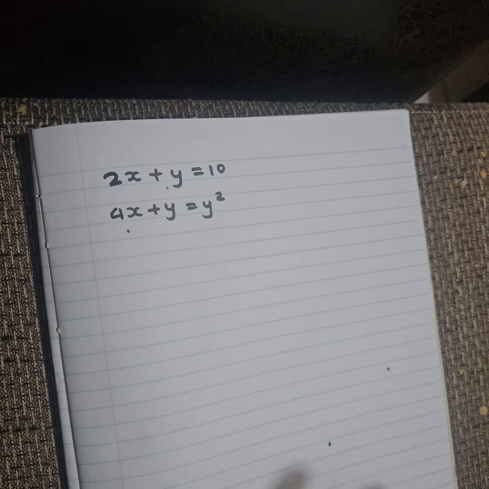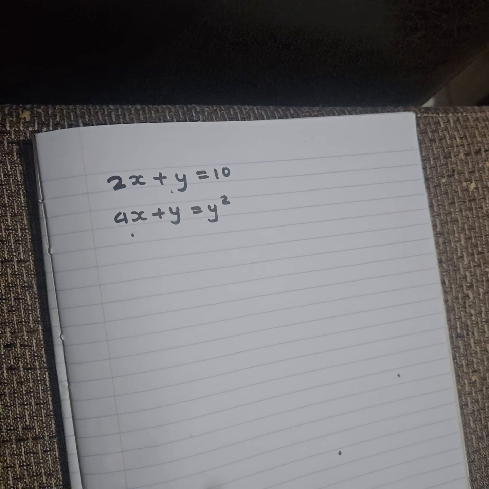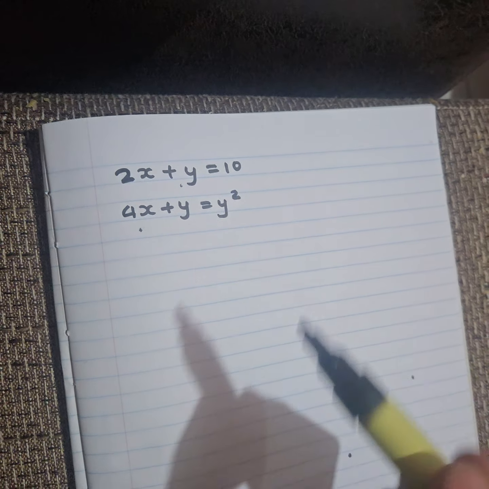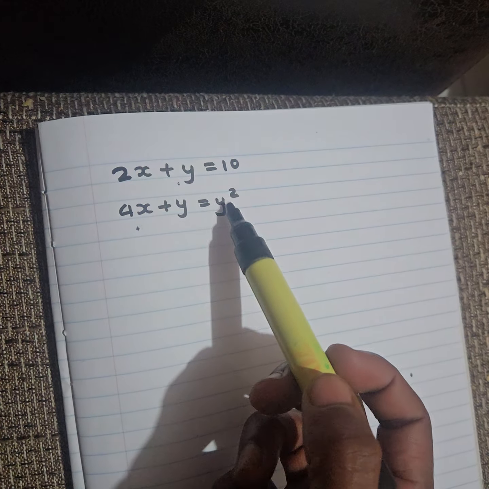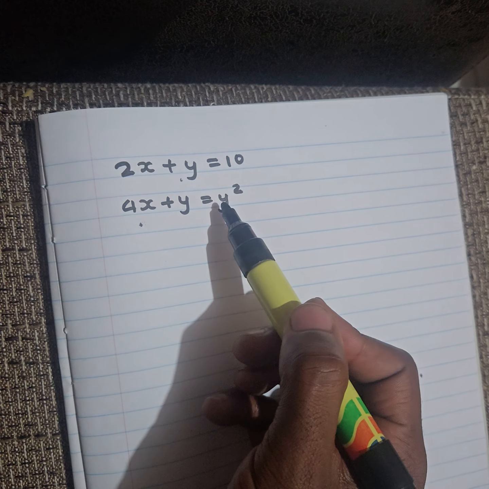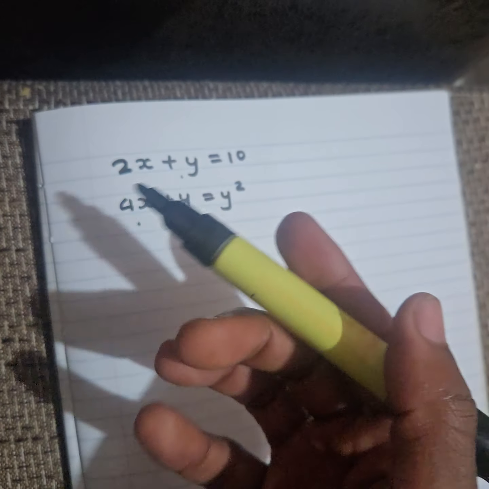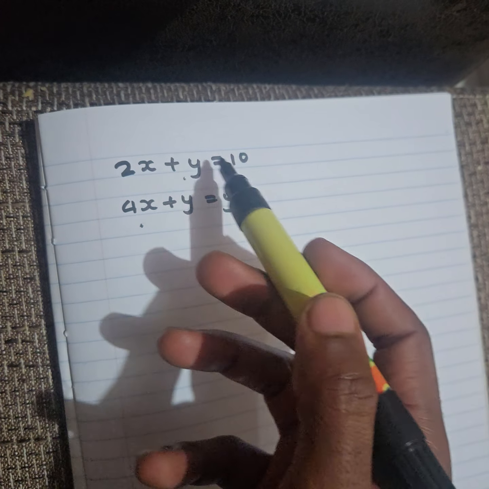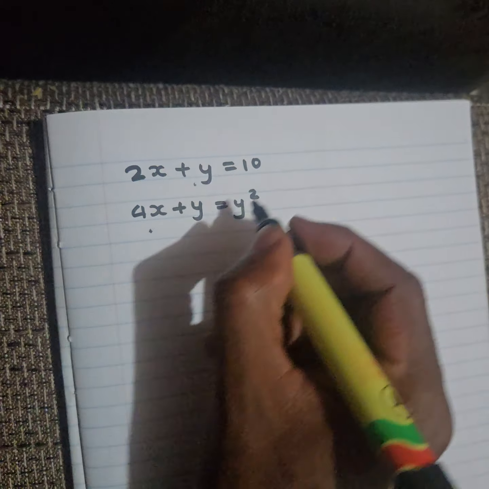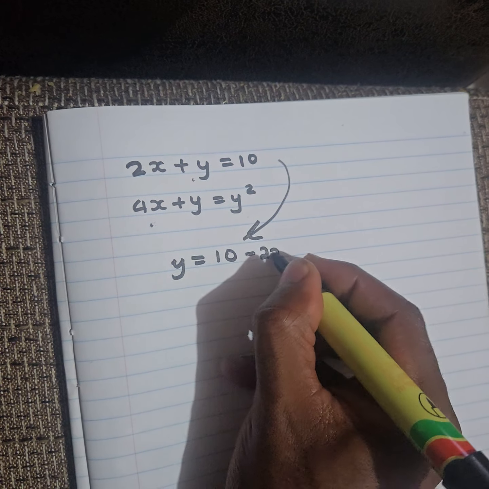and deal with that. So in this one, it's important to check for a few things. One, the second equation has the highest power, 2. So you can see that if you make y the subject of the formula, the first equation becomes y equals 10 minus 2x.